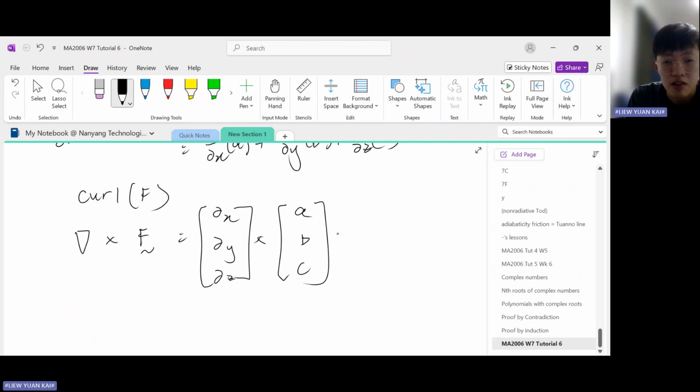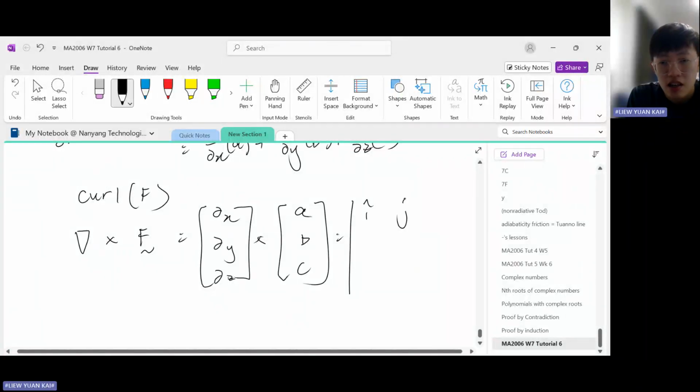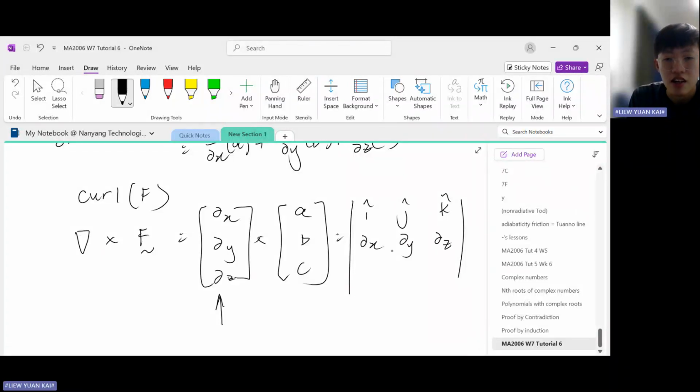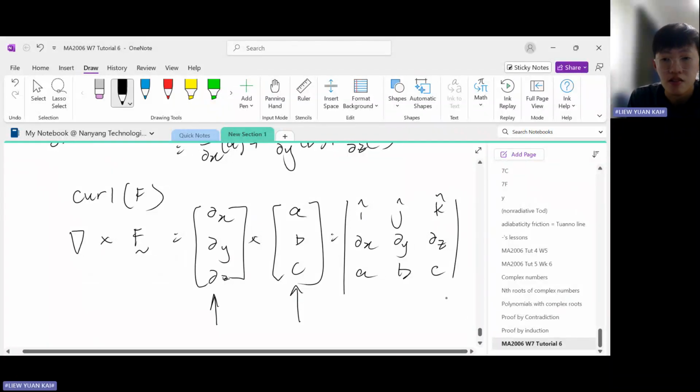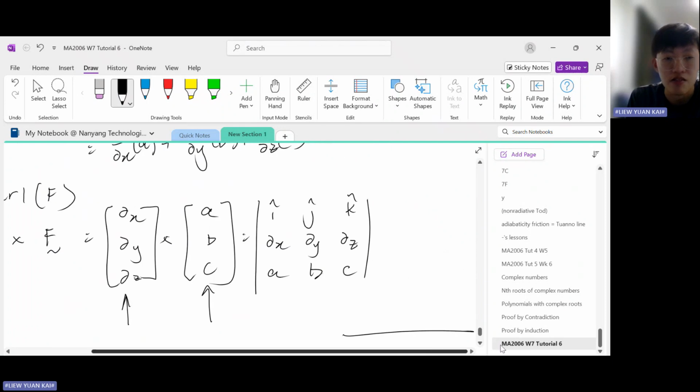To take the cross product, you need to find the determinant of a certain structure, with i, j, k in the heading. The following row contains the first vector's entries, the partial derivatives in x, y, z, and the next row contains the second vector's entries, a, b, c. To do this, you use Sarrus' rule.